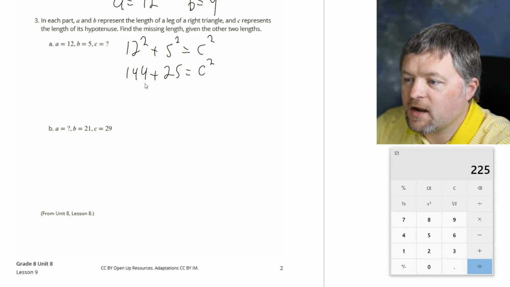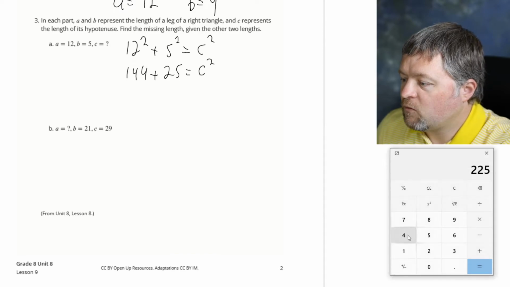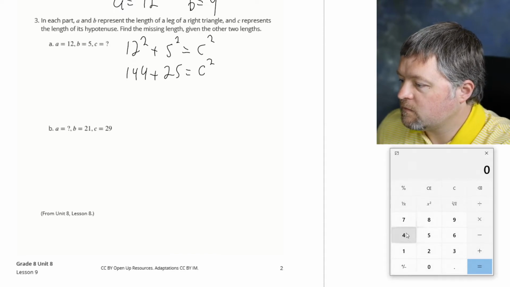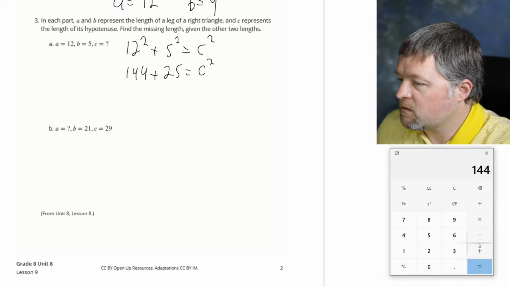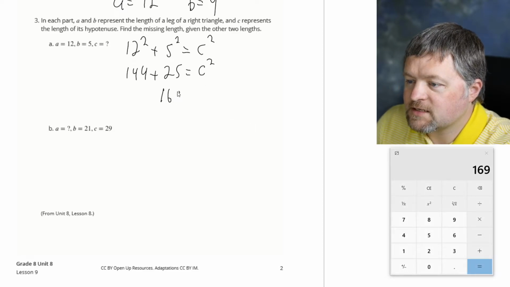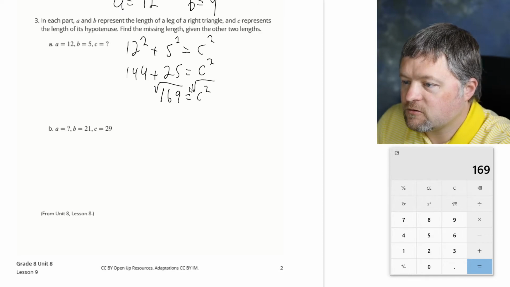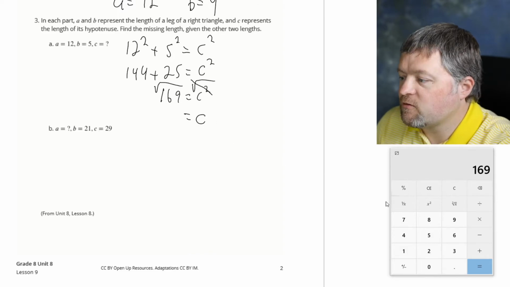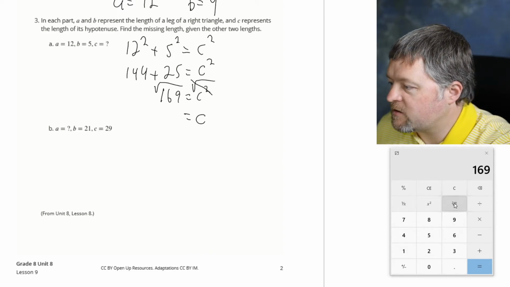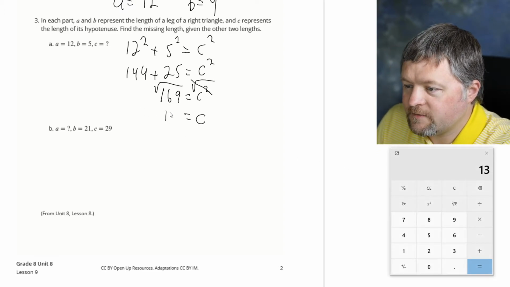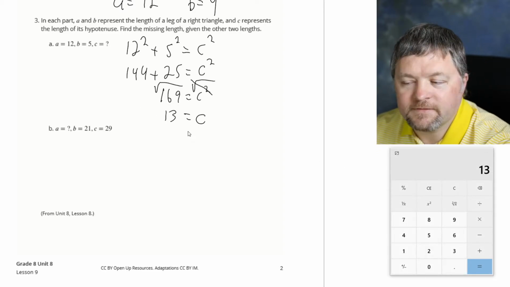Equals C squared. 144 plus 25 is 169 equals C squared. To isolate the C, we have to take the square root, do it to one side, do it to the other. Those will cancel out. C is equal to the square root of 169. Does that come out nicely? Ooh, it does. 13.